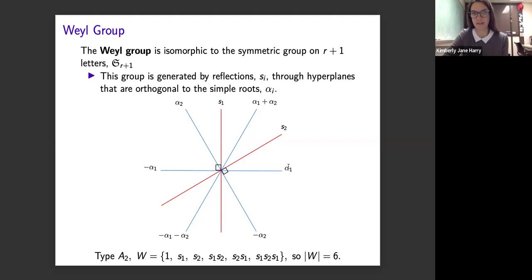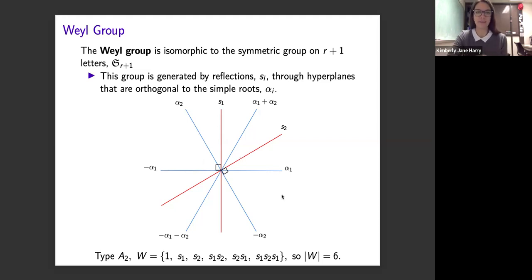So if I look at alpha sub 1, the S sub 1 is perpendicular to that one. And so if you reflect your alpha 1 about S1, you should be getting a negative alpha 1. And notice with the alpha 2 as well, I have an S2, which is perpendicular to it.